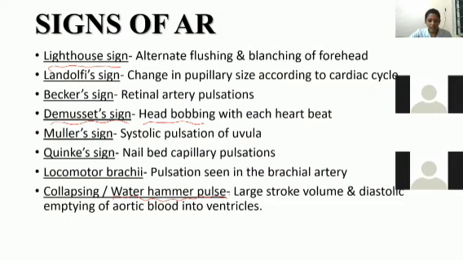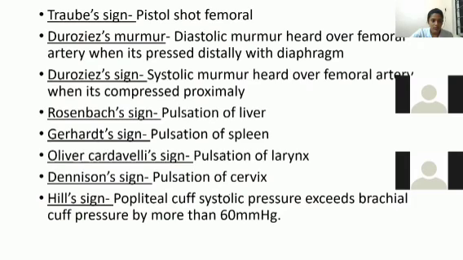That much pressure in the arteries is causing a collapsing type of pulse. But it is also known as water hammer pulse, happening in aortic regurgitation. I will also give you a mnemonic for this. Don't worry. You can remember like this, or otherwise you can use the mnemonic also. I will give it to you after the explanation.